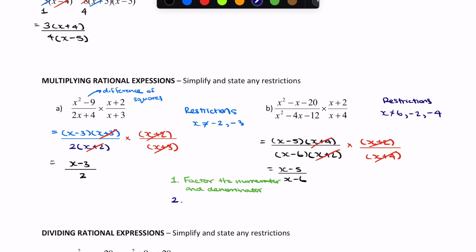The second step is to state the restrictions in the denominator. And then the last step is to just simplify the expression.